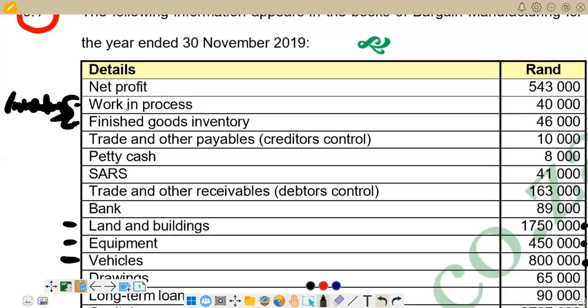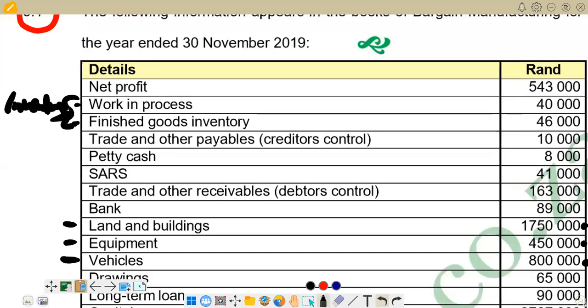The only difference is that work in process is those goods that are still in the process of being produced. Remember, at a manufacturing company, goods are being produced. Those goods that are still being produced are work in process. Those are also stored, and they form part of our stock. And then finished goods represent those that are finished in the production process. So we just add the two to get the total for inventory.